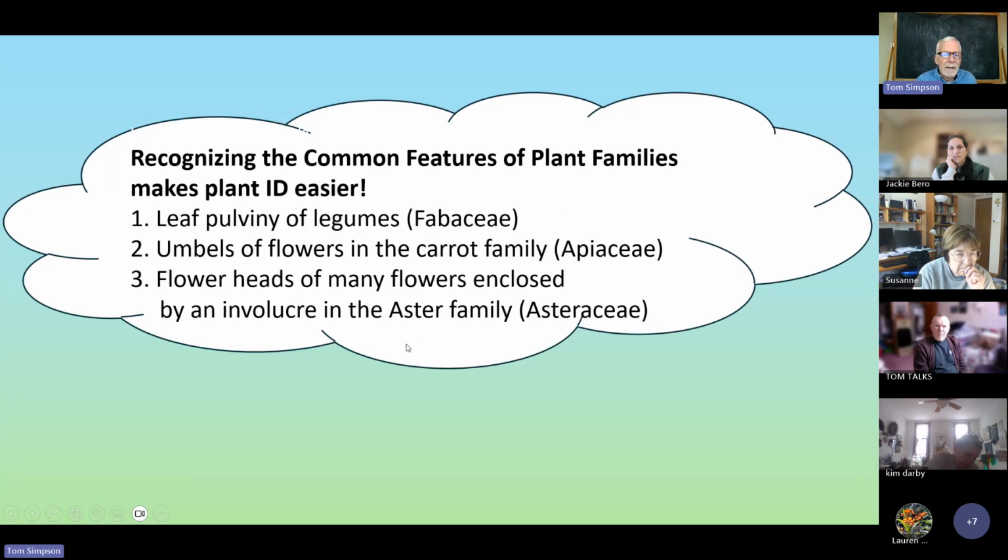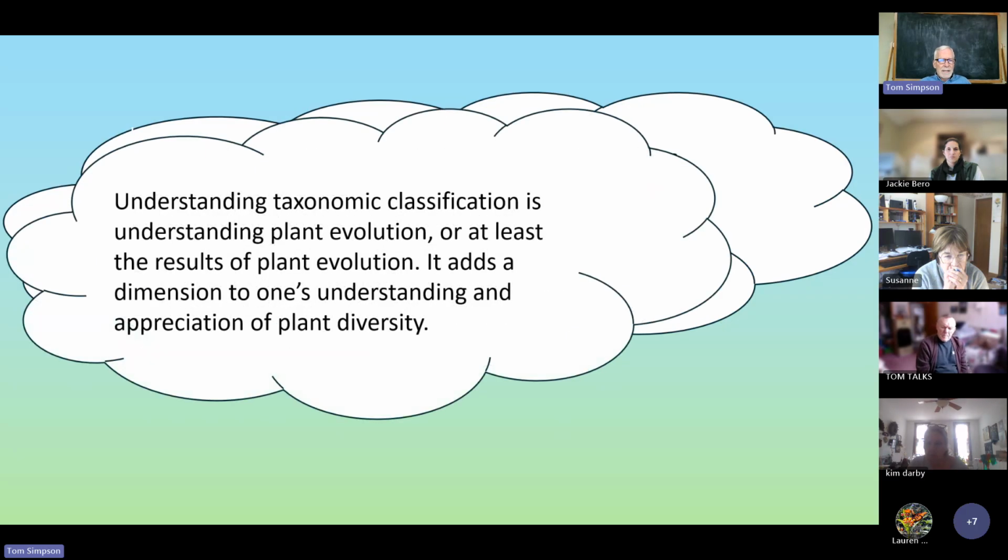But practically speaking, you can learn to recognize features like the bony of plants, or the umbels of carrot family plants, or the involucre of an aster family plant. Once you learn to recognize that, you can recognize the group, and then maybe the genus, and then going all the way to species becomes much easier.